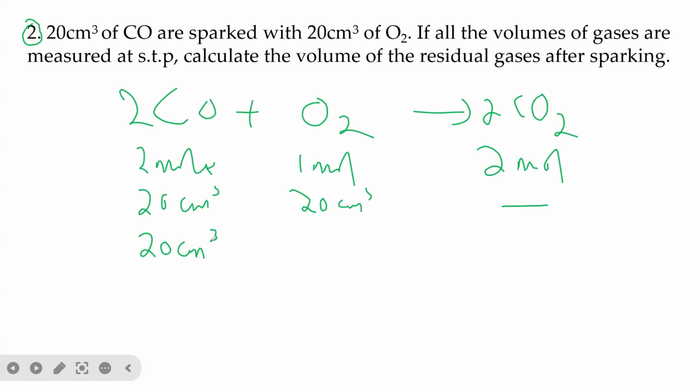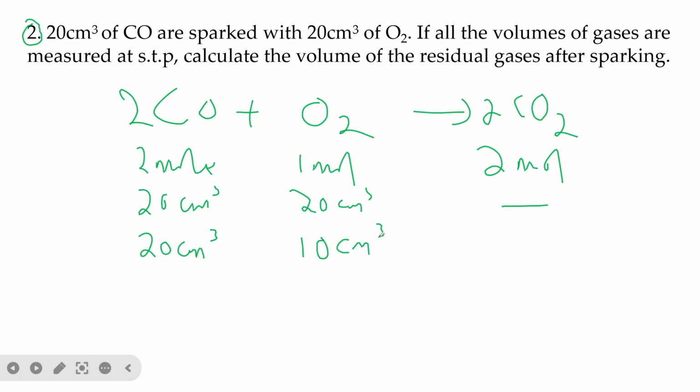If 2 moles of carbon monoxide gives 20 centimeter cube, then 1 mole of oxygen is going to be half. Therefore, since here is 20 centimeter cube, here is going to be 10 centimeter cube, because the volume of oxygen is half the volume of carbon monoxide. That is why it is 10 centimeter cube for oxygen.